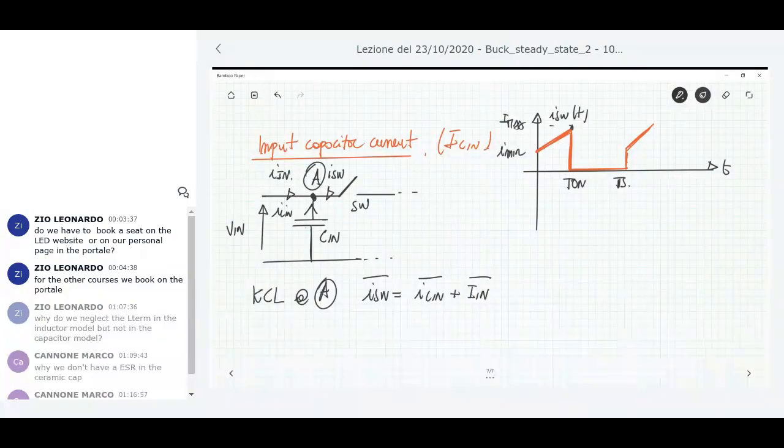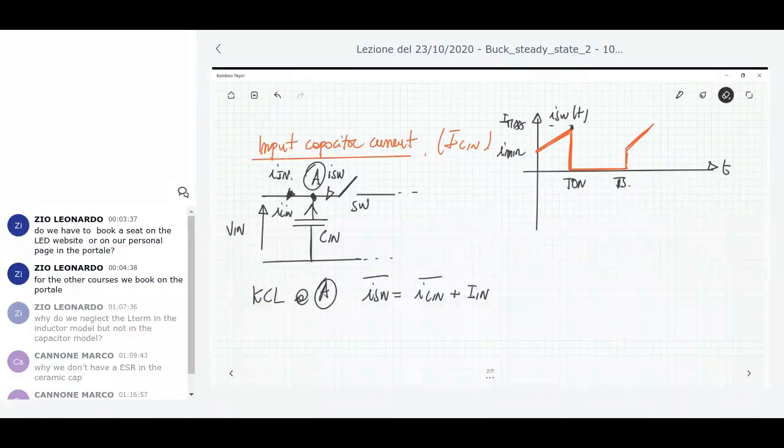This is an example of application of the Kirchhoff current rule for the average value of the current. What about the input current? The input current is the current output by a constant voltage source. So this current is constant, a DC current, because it's the current from a DC source. So this average value is the same as its DC value.